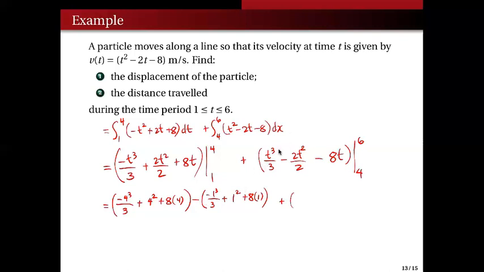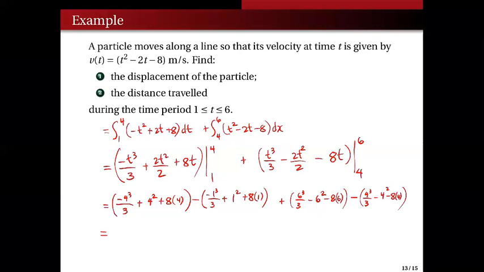So take note, different signs. In here, I have 6 cubed over 3 minus 6 squared minus 8 times 6, then minus, at 4, you have 4 cubed over 3 minus 4 squared minus 8 times 4.